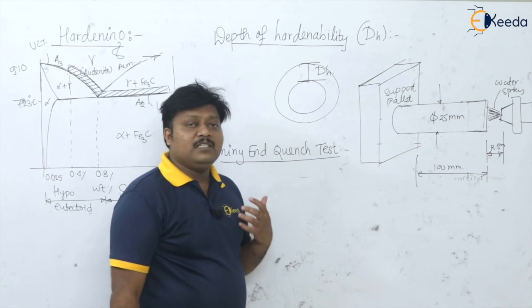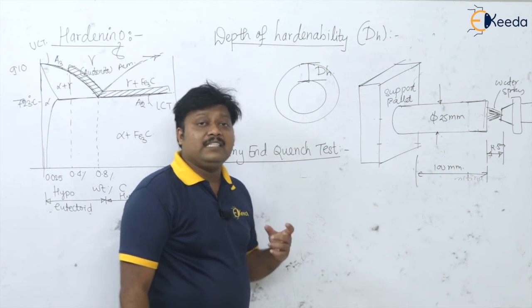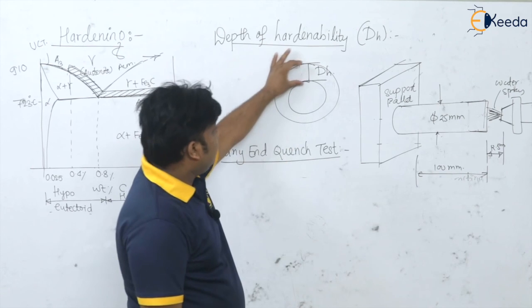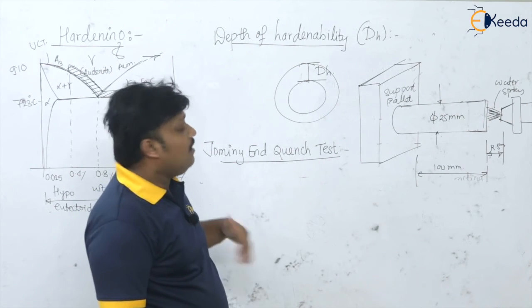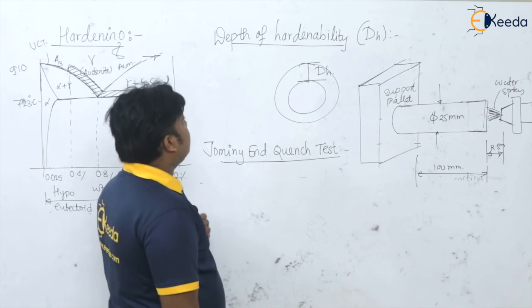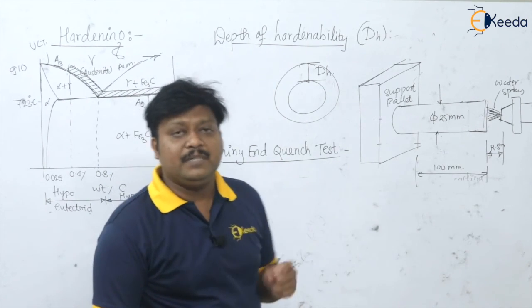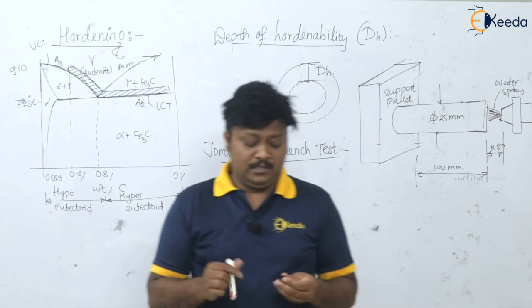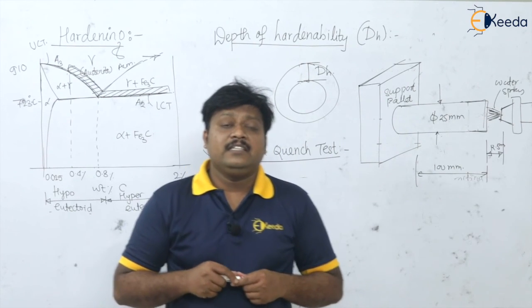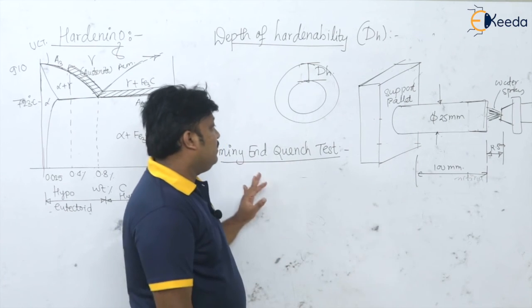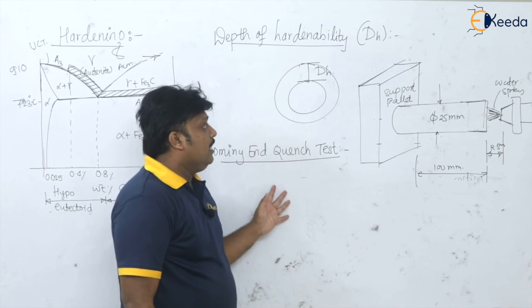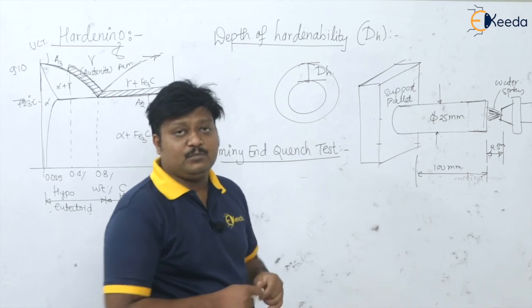That is, how much depth the martensite has formed in the given object by this hardening process, isn't it? So please remember, many times a match-the-pairs question is asked: hardenability is measured by which test? There is the Jominy end quench test, which I just now explained.